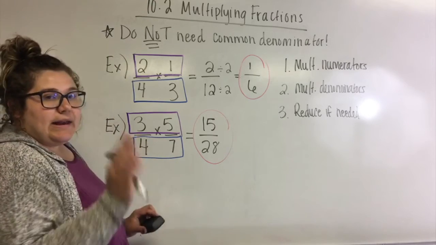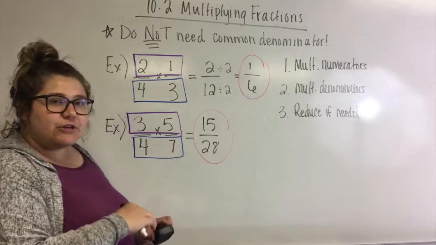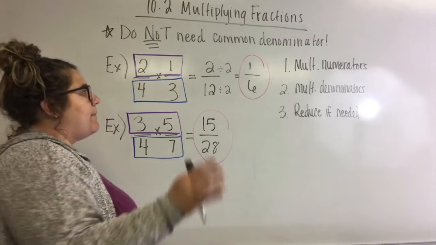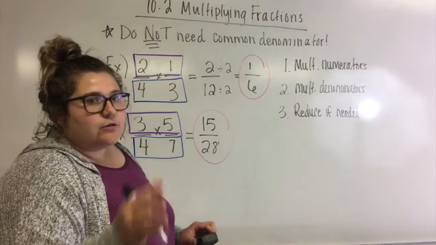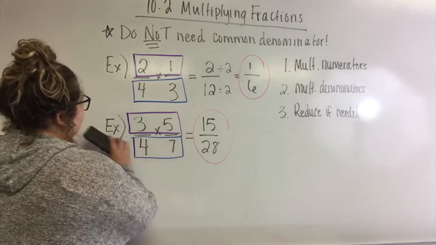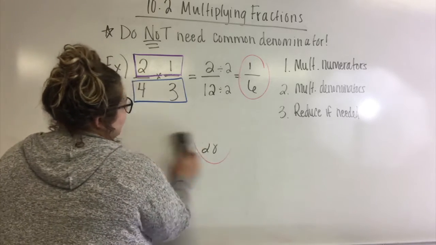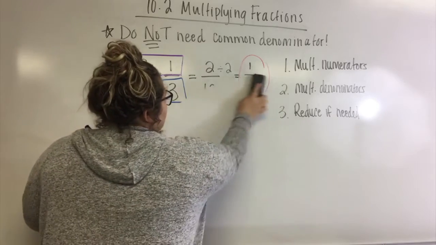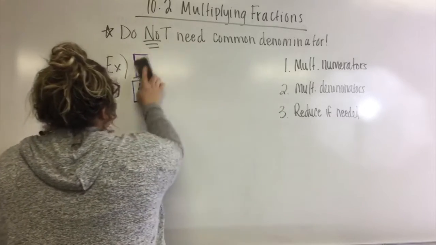I'm going to go ahead and take this off. And remember, if you didn't catch it, you can always rewind it, pause it, and write it or look back at it again. Okay, so let's look at our very last example. I'll keep the steps on the side so you guys can remember.